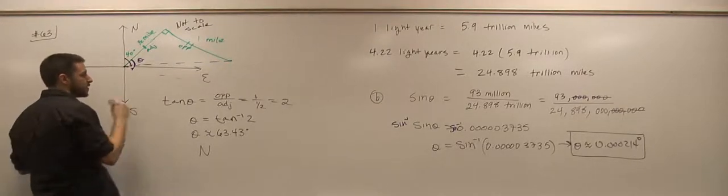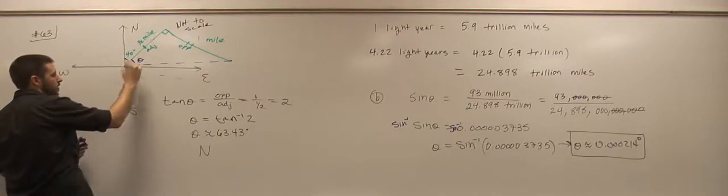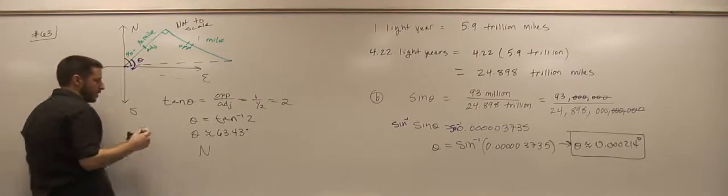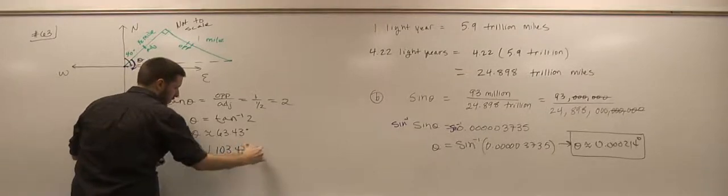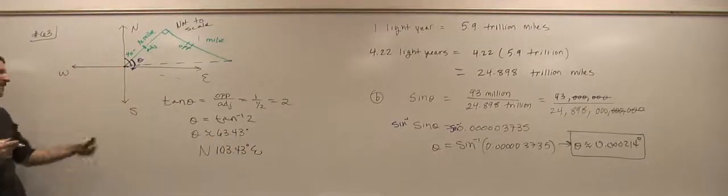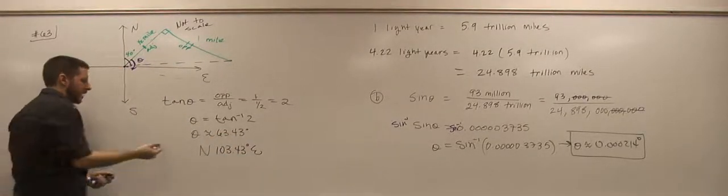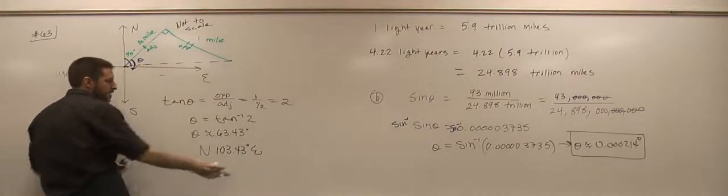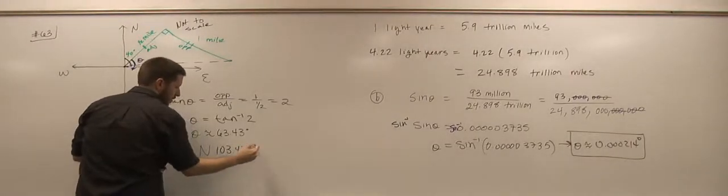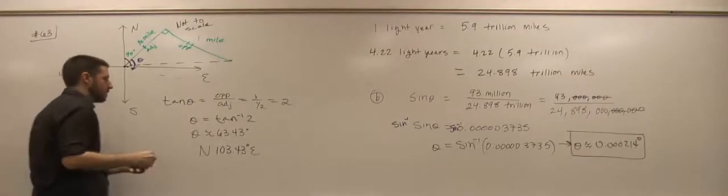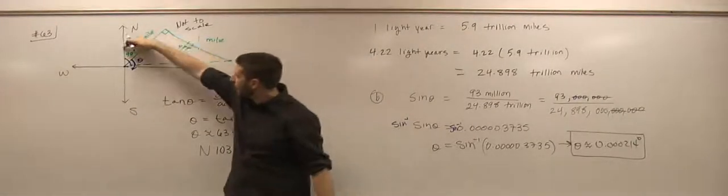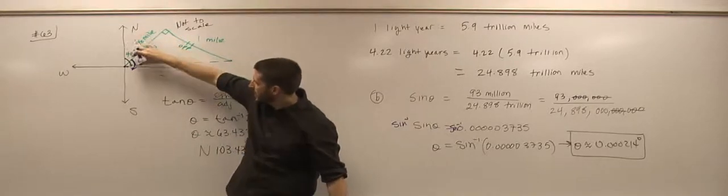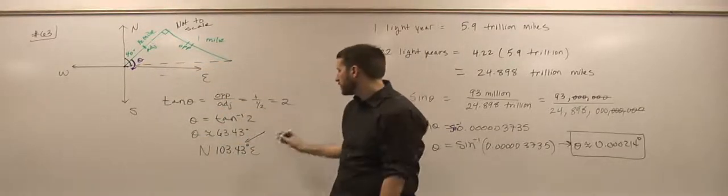So 40 plus 63.43 is 103.43. But since you went over 90 degrees, this would be kind of a silly way to do it. You could use south instead. What I did to get this was start from the north. I know I have 40 degrees here, and then theta was 63.43, so I had to add it.